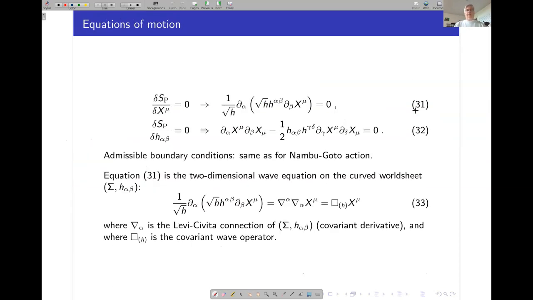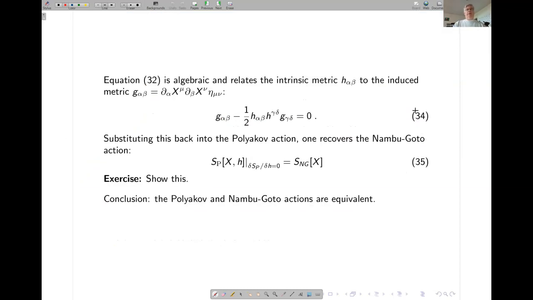We then worked out the equations of motion. We discussed that the worldsheet, the intrinsic worldsheet metric, is an auxiliary variable which we can eliminate, and then we get back the Nambu-Goto action. So these 2 theories are classically completely equivalent.